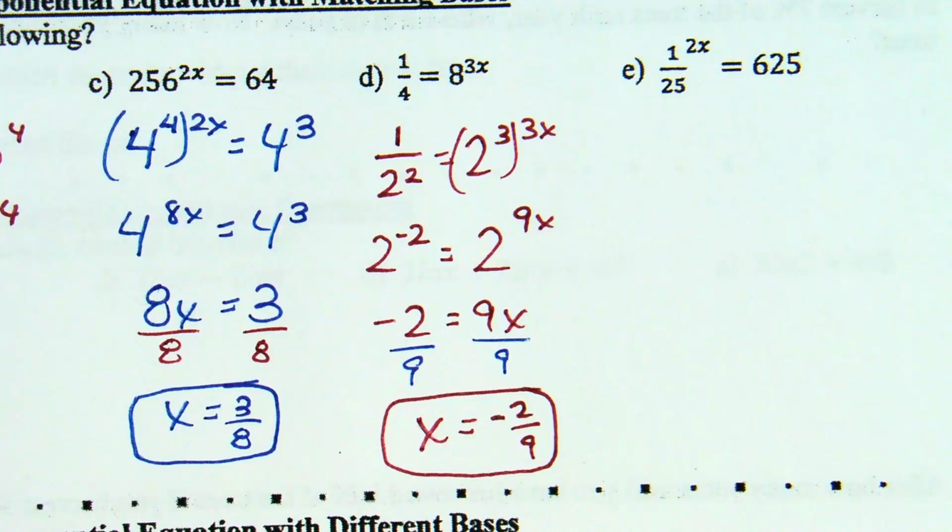Okay, what about E? What is the number you see? A 5? Did someone say 25? I mean, I do see it.